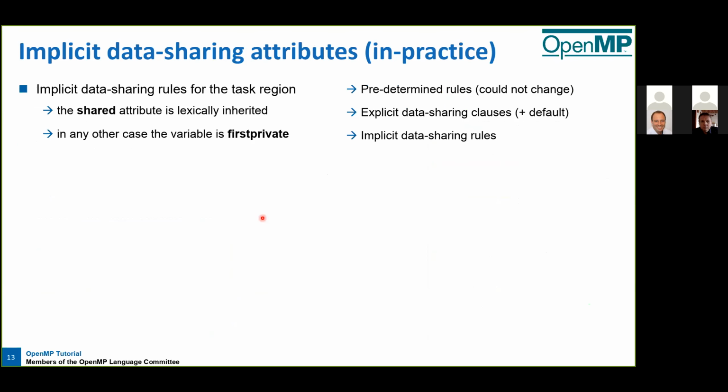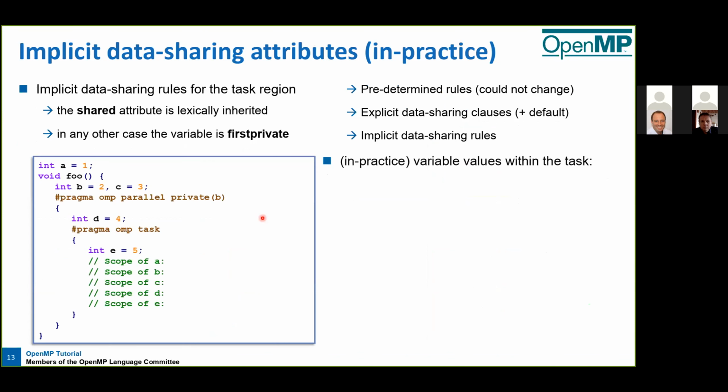And now, finally, I have an example that puts everything together. So let me say here, this is very ugly code. It might be confusing, but it illustrates all the corner cases. It doesn't do anything that's really meaningful. So what is the scope of A within a task that is encountered within a parallel region that makes variable B private?